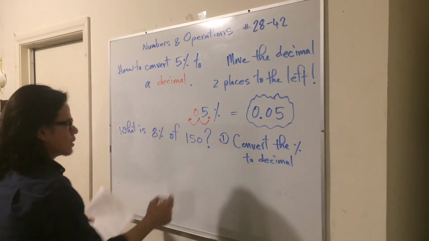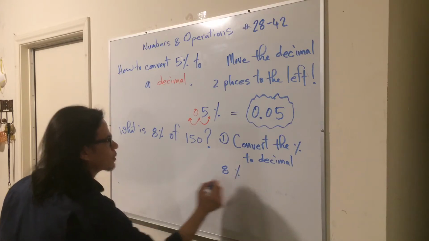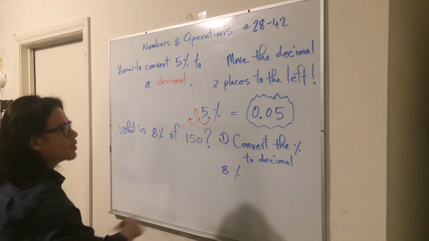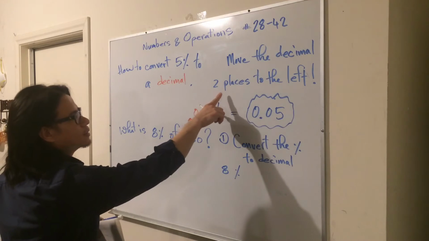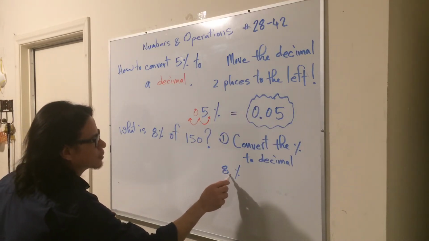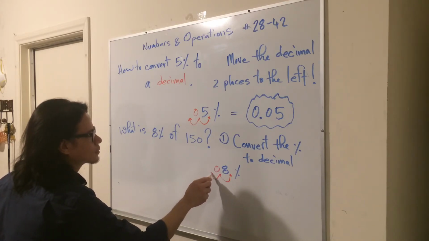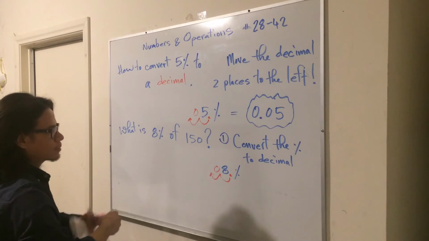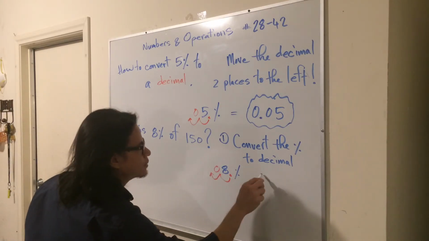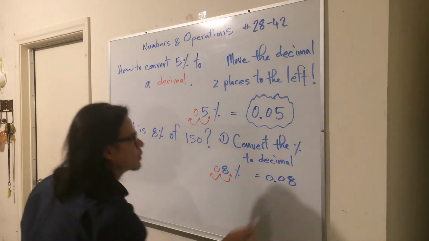So 8% converted to decimal by moving the decimal place 2 to the left. 1, 2. So you have 0.08.